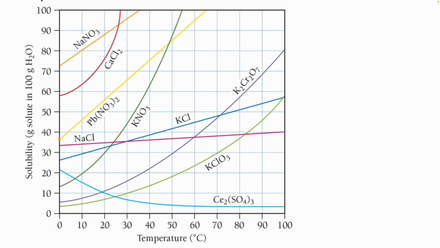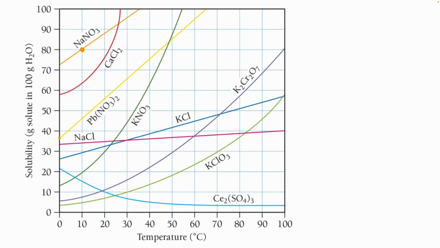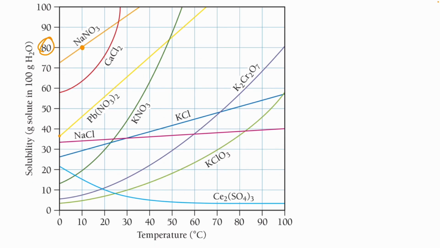So let's pick one salt and one temperature and make sure we understand what this chart is saying. Let's look at sodium nitrate at 10 degrees Celsius. Sodium nitrate is this orange curve, and I'm specifically looking at this point right here. What this is saying is we have 80.